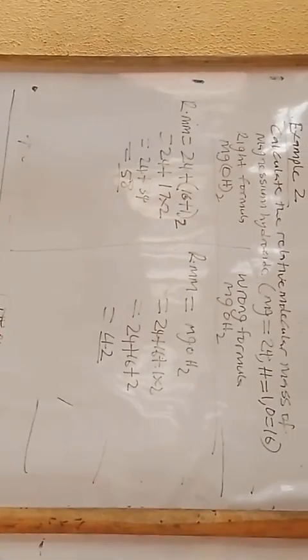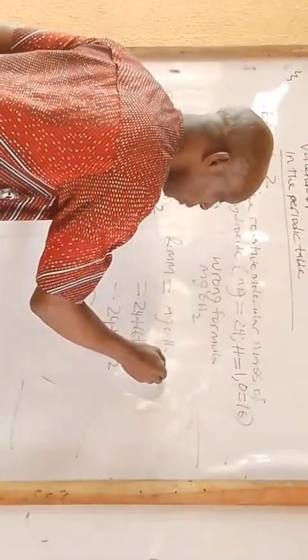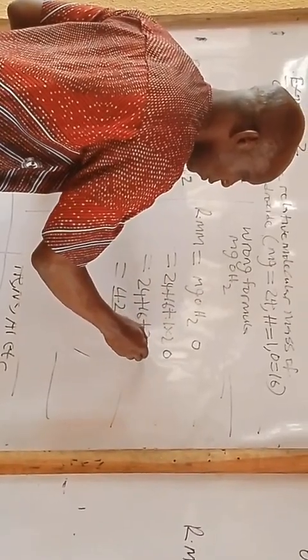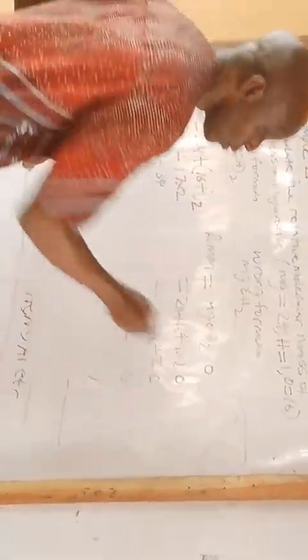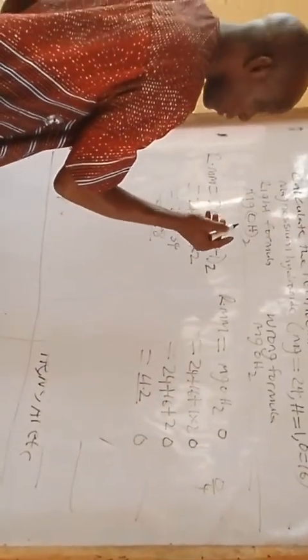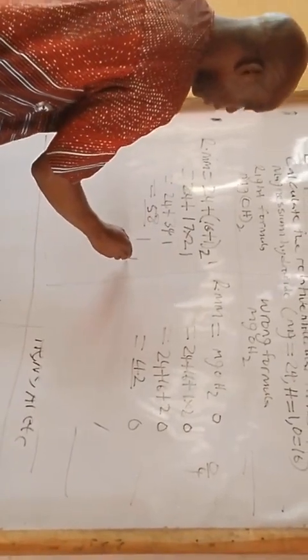If they are marking this in WAEC or NECO or any of the external exams, they begin to get 0 marks from this. All the steps 0, 0, 0, 0, 0 over 4. This one, if each step carries 1 mark, is 1, 1, 1, 1, so that is 4 over 4.